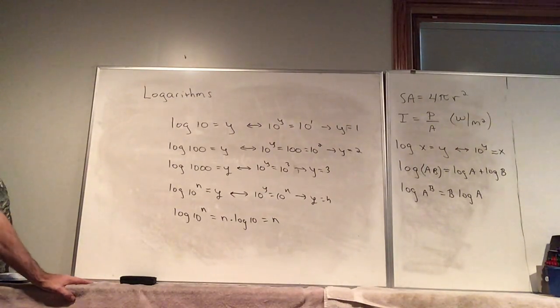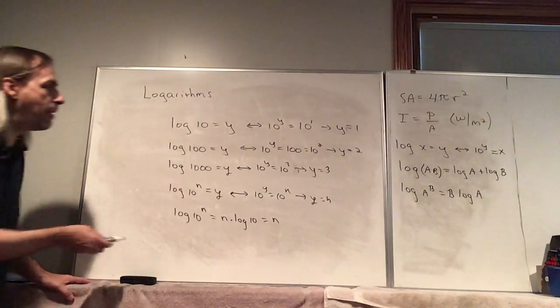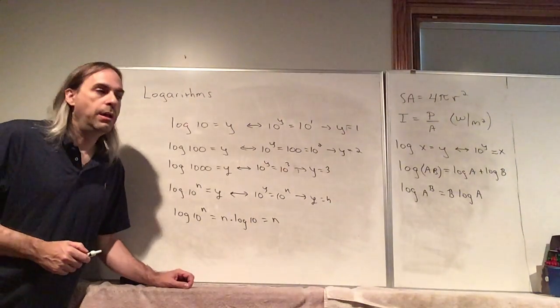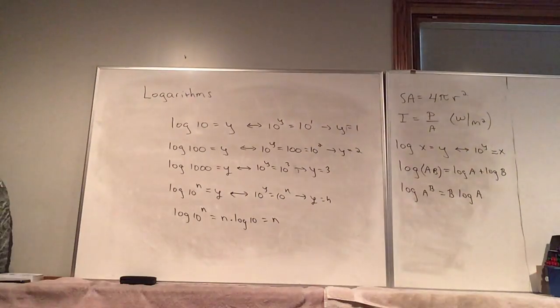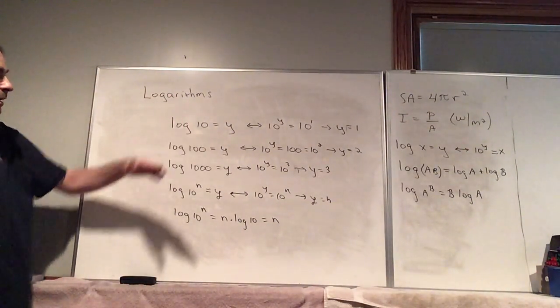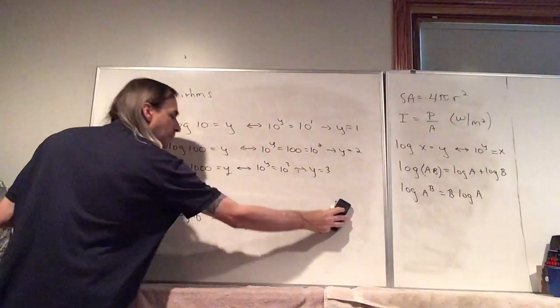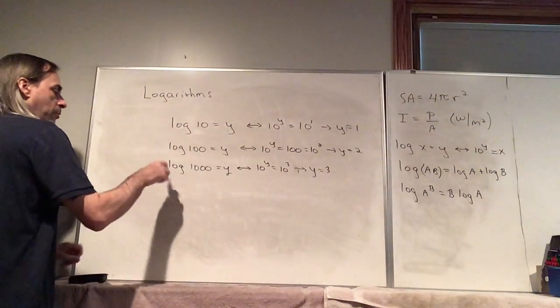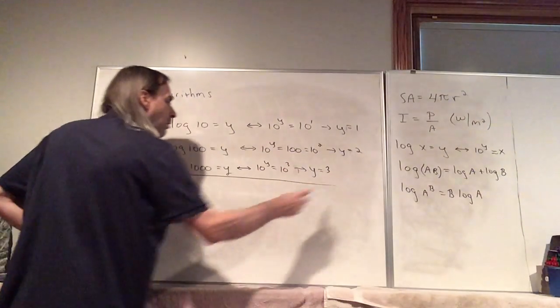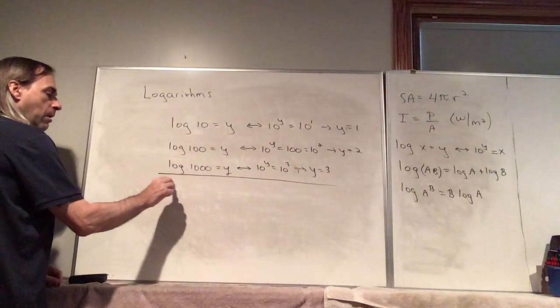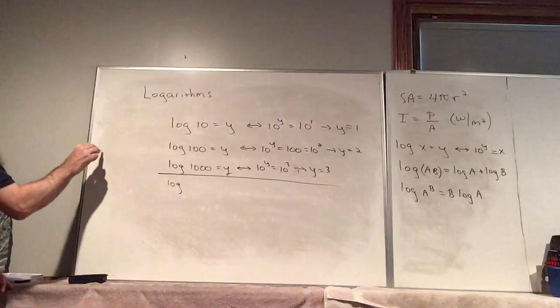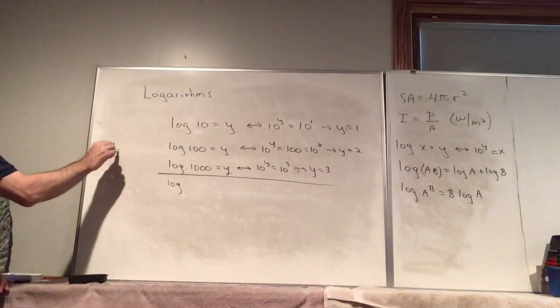Now, we've been looking at 10 to a power, and specifically the power we've been looking at has been positive. 10 to the first, 10 to the second. What if we have 10 to the minus 1? I should have probably moved this down, but what if we have a logarithm of 10 to the minus 1? I'm going to write this off to the side.